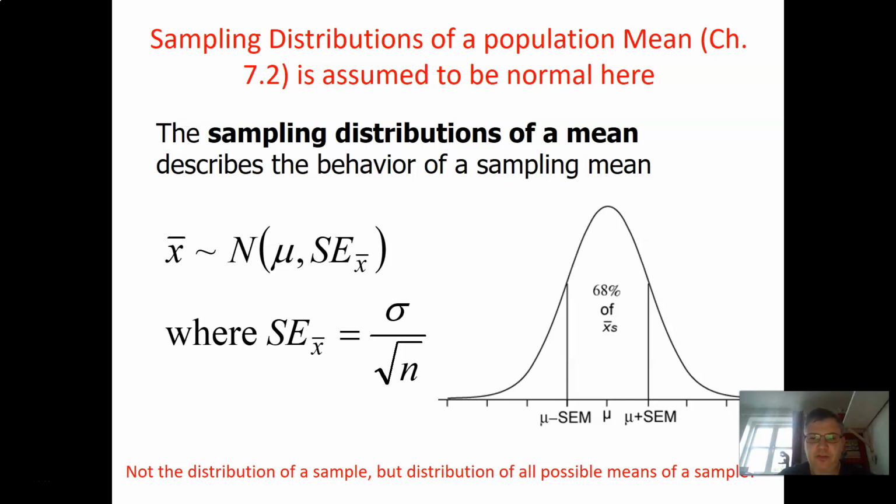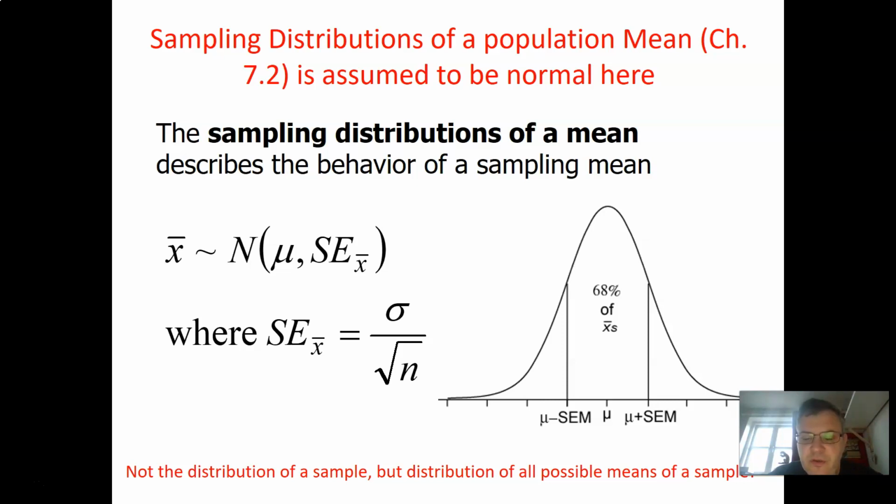In order to use the z-statistic to reject or accept the null hypothesis, and thus to prove or not prove the alternative hypothesis, we have to know something about the probability distribution of the z-statistic. And the z-statistic follows a normal distribution because it is assumed that the sample mean follows a normal distribution, not the distribution of the sample itself, but of all possible samples from this population, in this case waiting time in line.